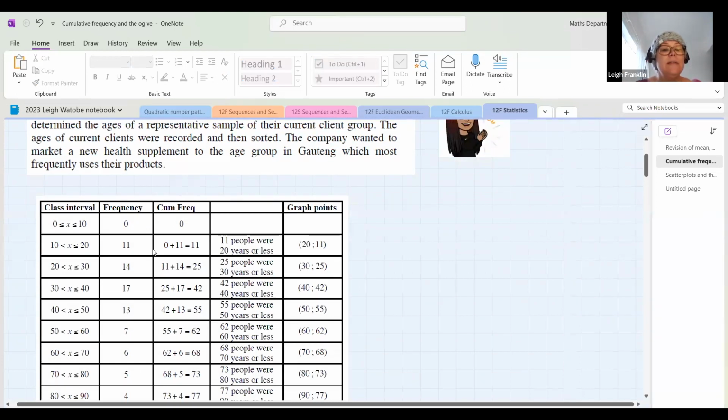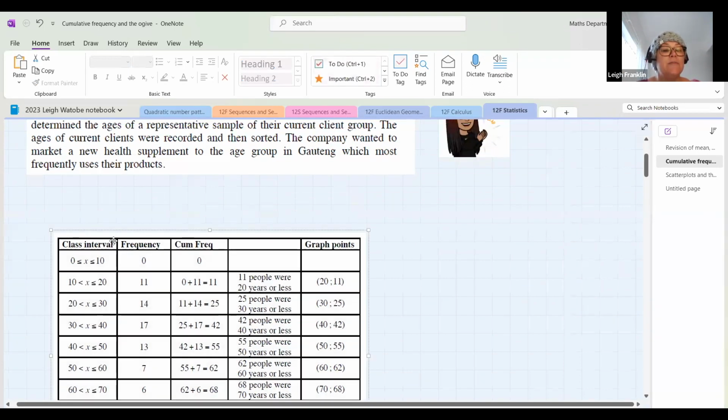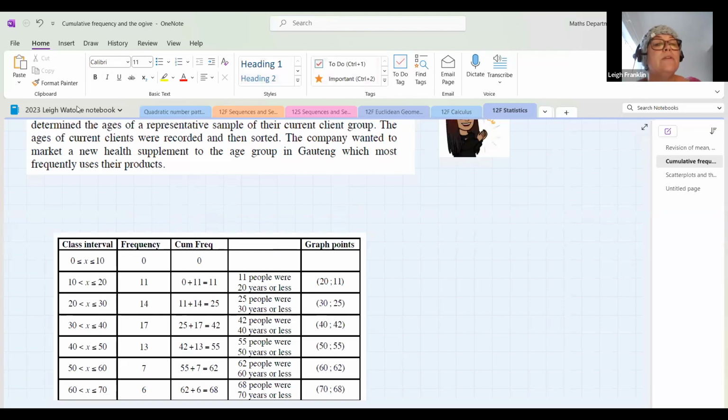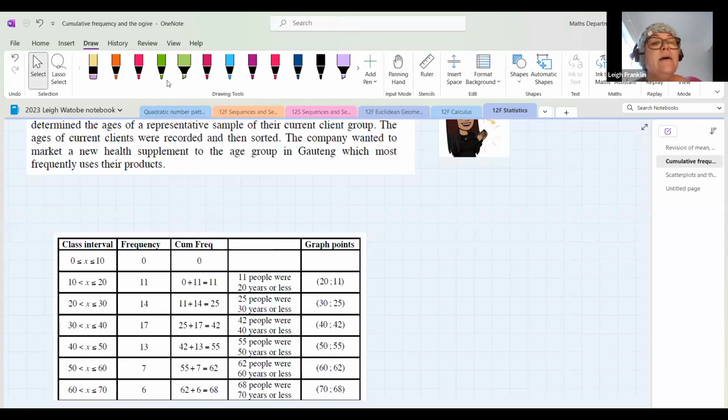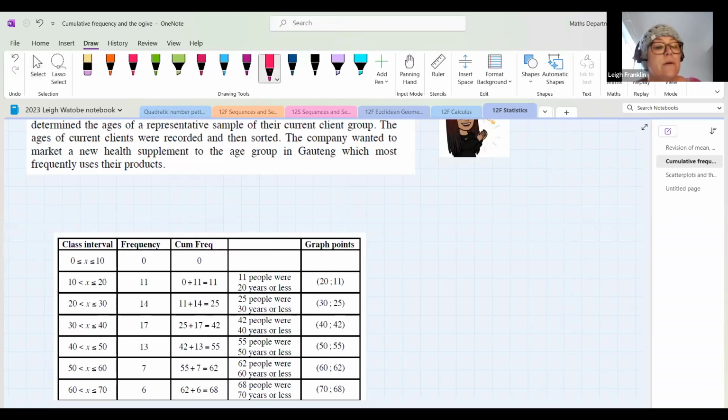Where it says class interval, the column on the very left-hand side, this is people's ages. So there was nobody between 0 and 10 years of age that used this health supplement.